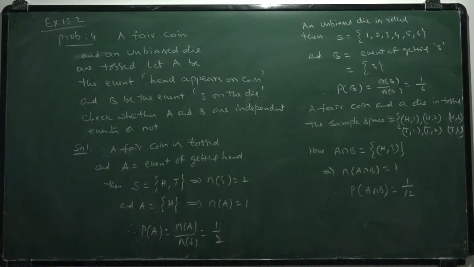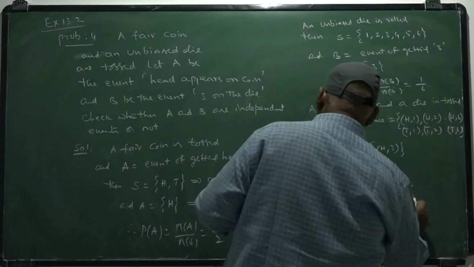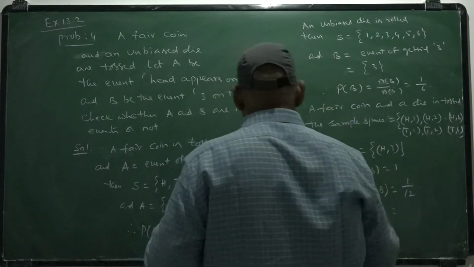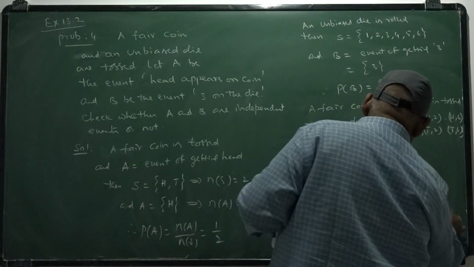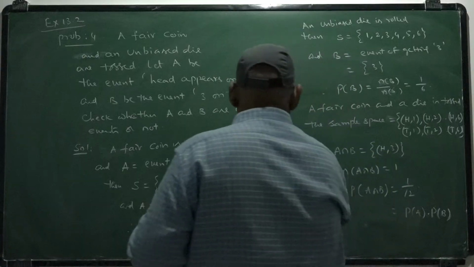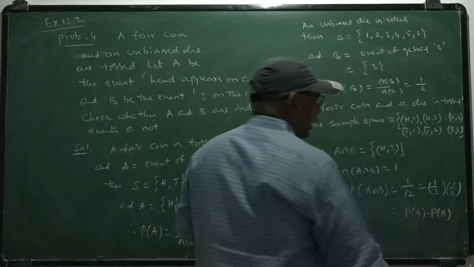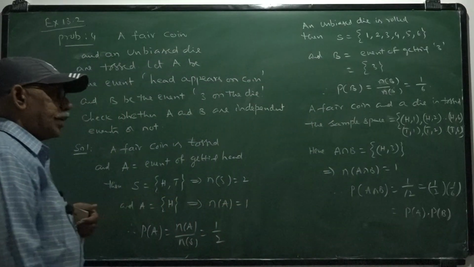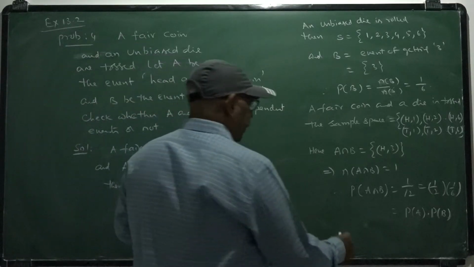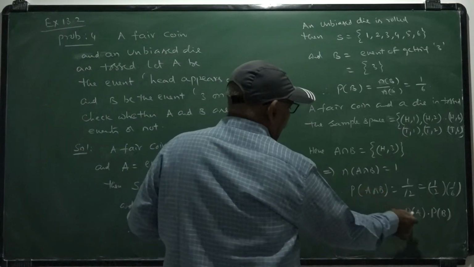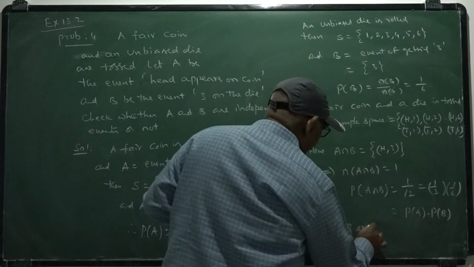But 1 by 12 is 1 by 2 into 1 by 6, which is P of A into P of B. Therefore, probability of A intersection B is P(A) into P(B). Hence, A and B are independent.